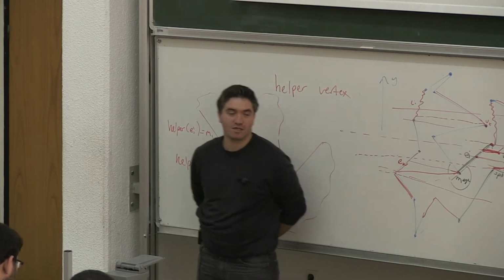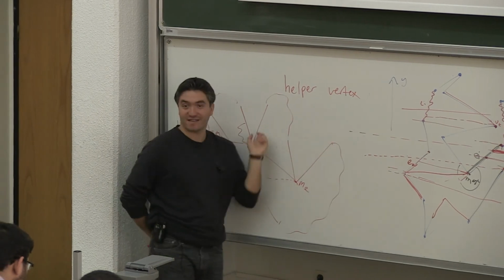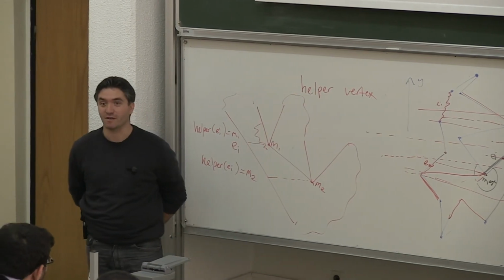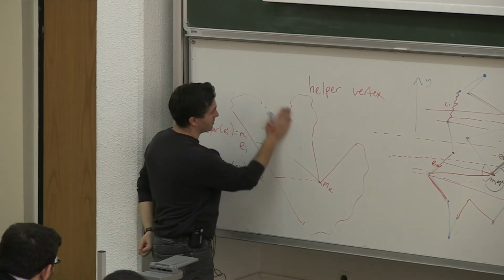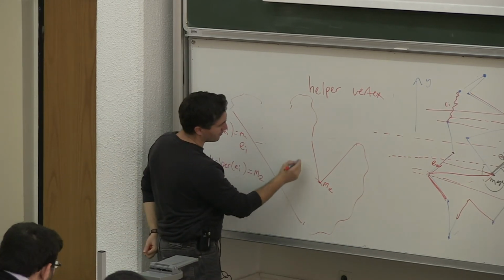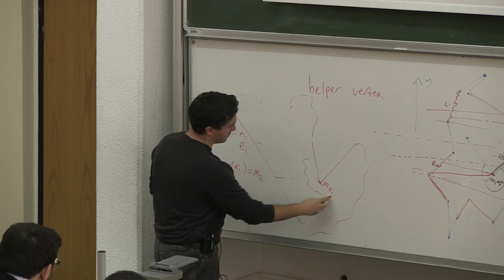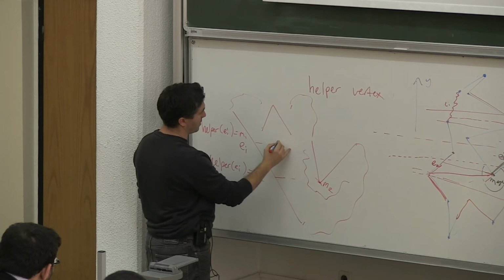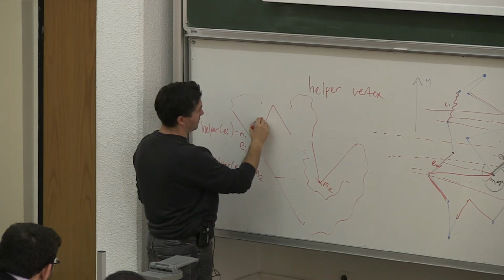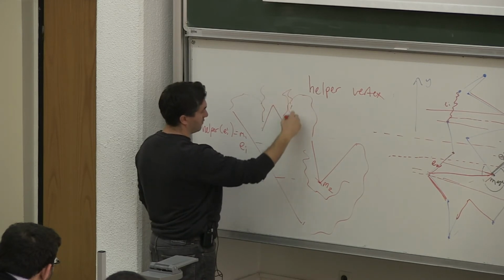Yes, and you can easily draw an example that has such a thing. For example, it could have been like this. So this is a merge vertex. This is the inside of the polygon, and this is going to be a split vertex, and this is the inside of the polygon.